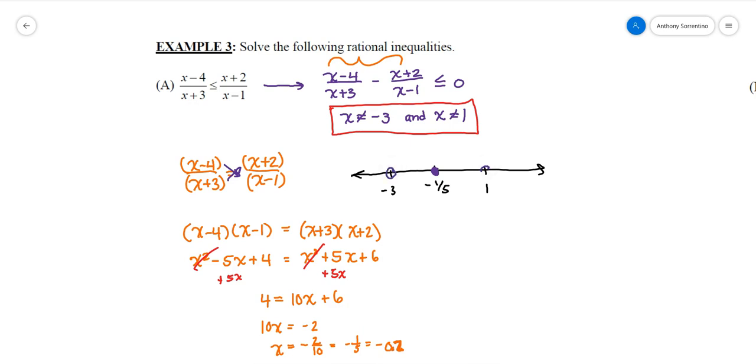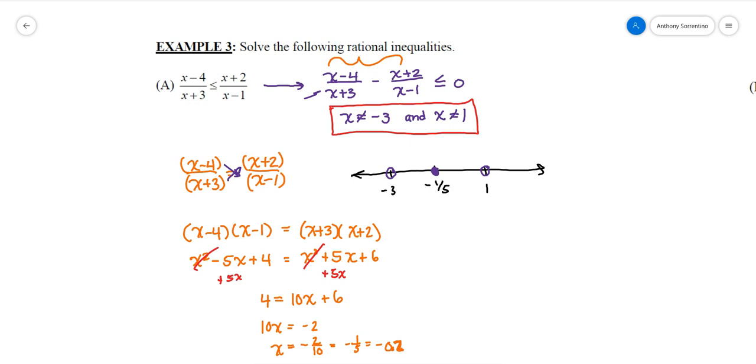We know this. They're domain restrictions. But I can go from this expression being positive to negative by jumping around those points. So I have these 3 points on my number line that are splitting the number line into 1, 2, 3, 4 subintervals.